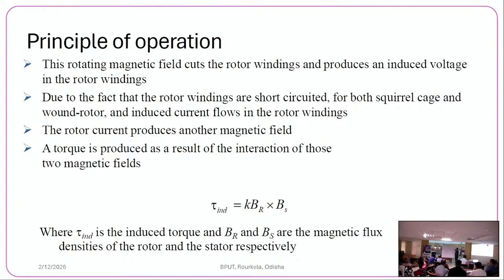Rotor speed is zero, so slip is one. Do all of you know what slip is? Slip is one, so the rotor induced EMF has the maximum value. Let us say it is some E0.